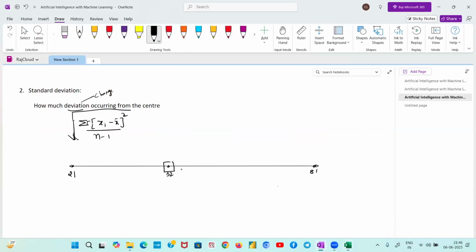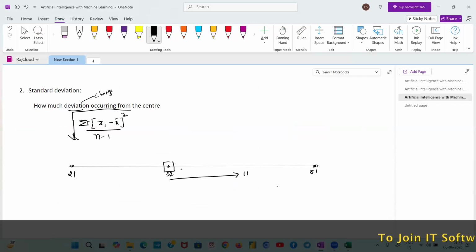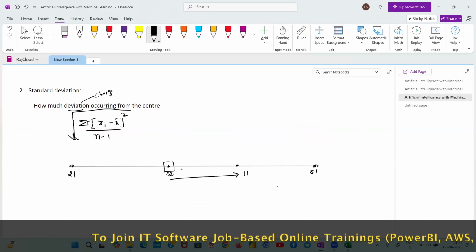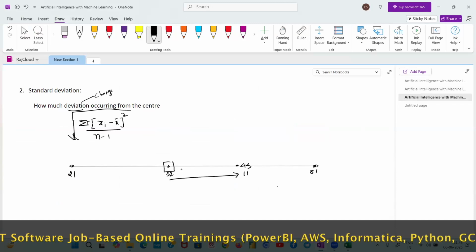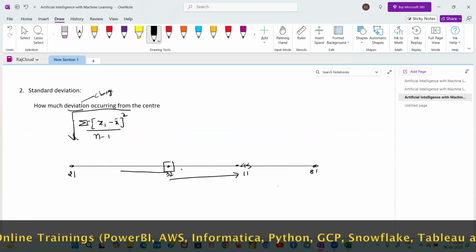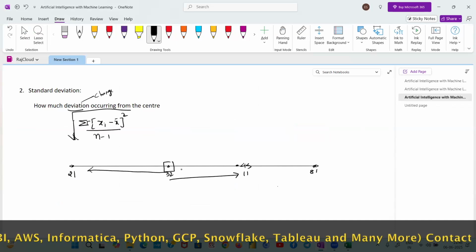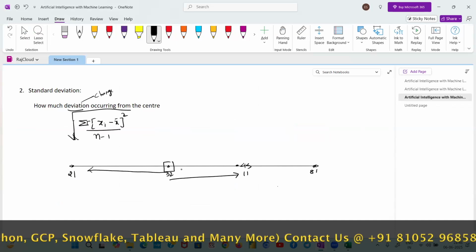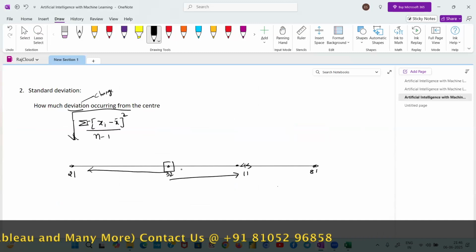So what does it mean? On average, 32-year-old people visited the hospital, but there are some people who are 32 plus 11 years old. So 32 plus 11 is exactly how much? 43. And there are some people who are 32 minus 11 years old, which is nothing but 21.